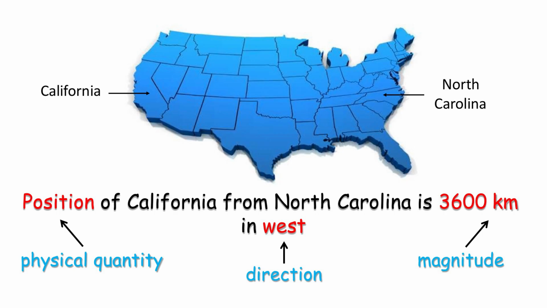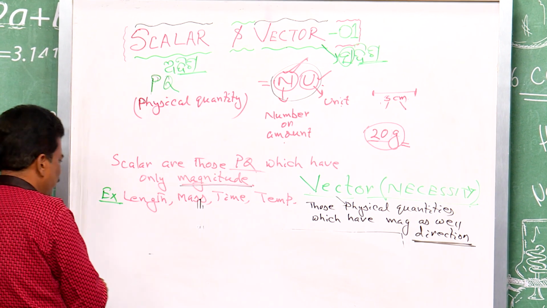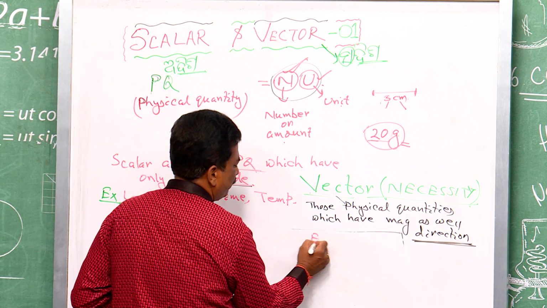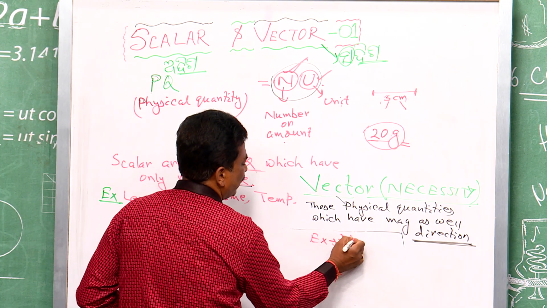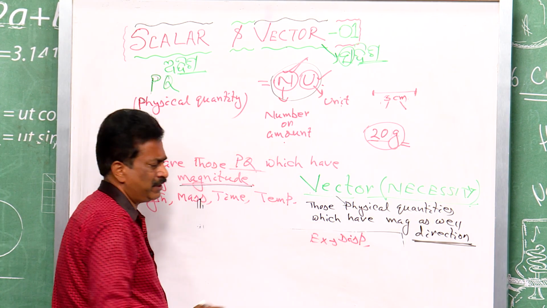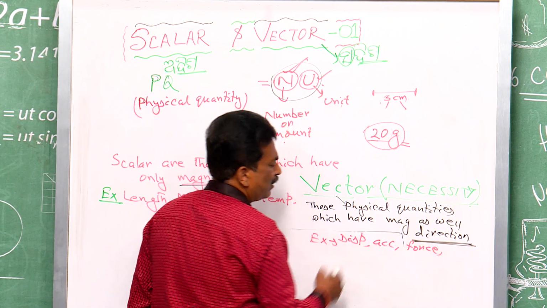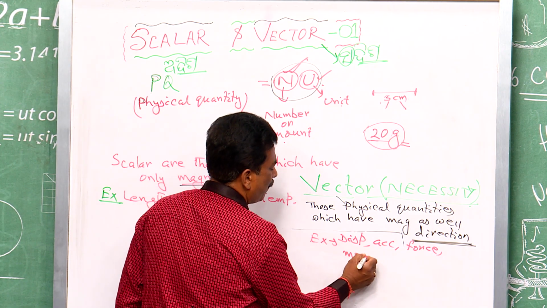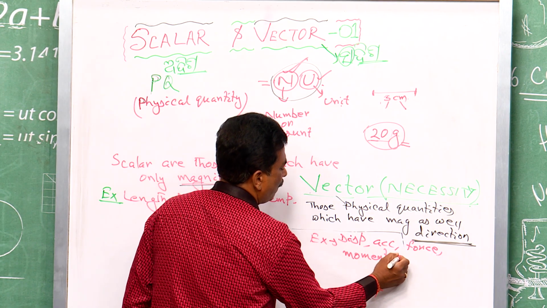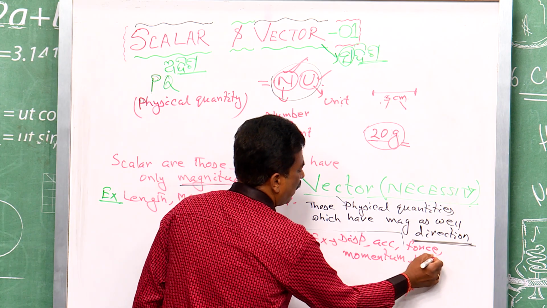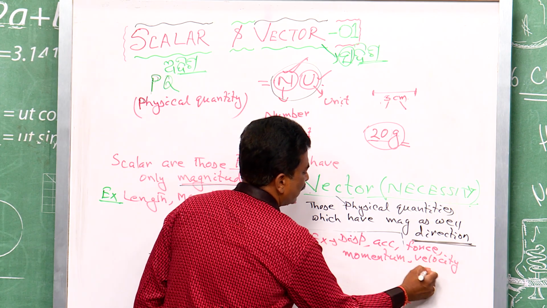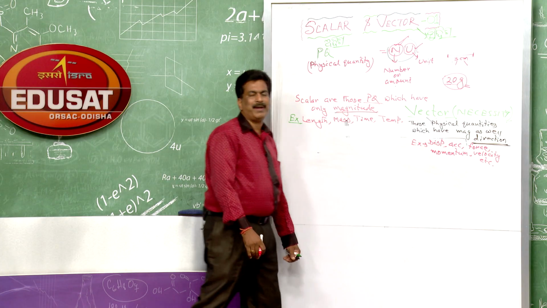So if there are vector quantities like scalar quantities, what will be examples of vector quantities? Please remember from school levels you came to know that examples are displacement, acceleration, force, momentum, velocity, etc. These are vector quantities.